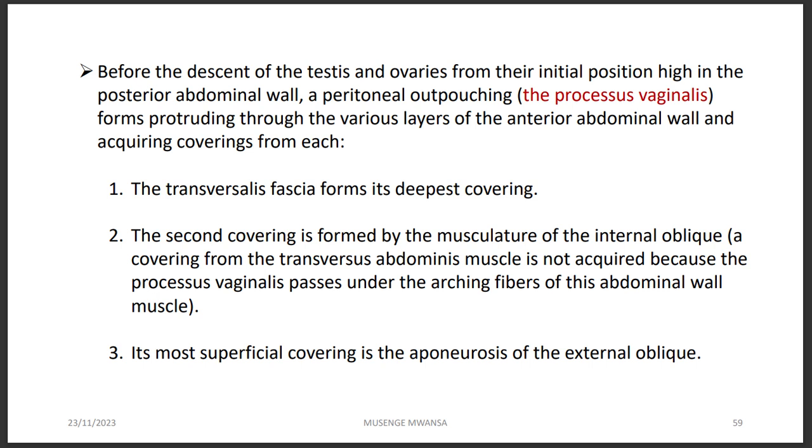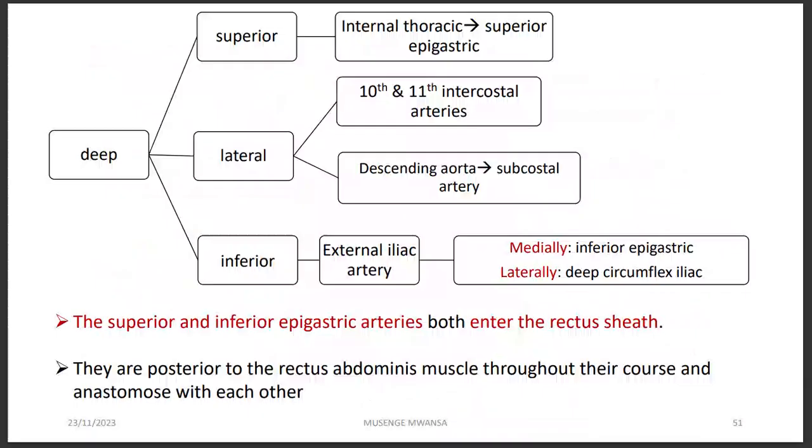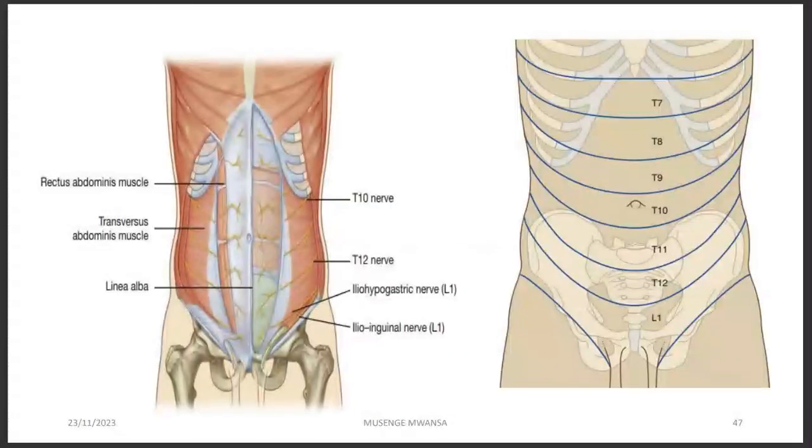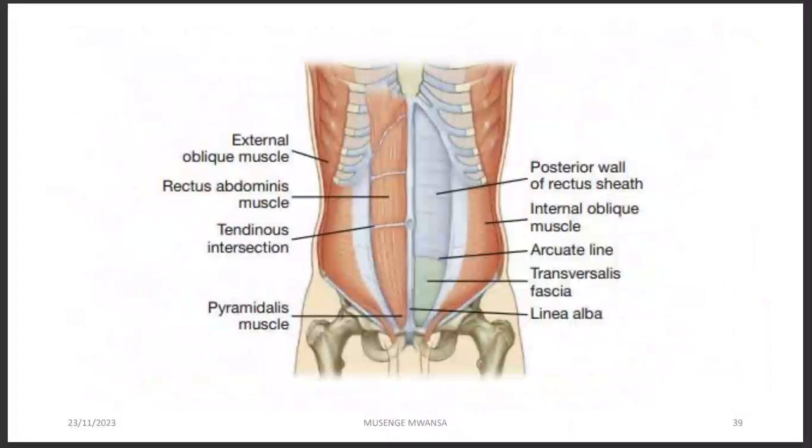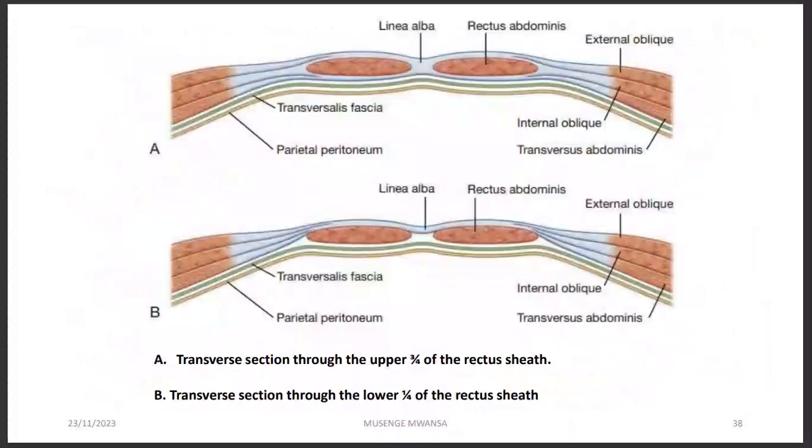Now, what is happening here is that, regarding the transversus abdominis muscle, let me first show this so that you can see how they are. Okay, here are the layers. You have the external oblique, which is the outermost layer of the muscles, the internal oblique, and then the transversus abdominis, which you can see is the one more inside.